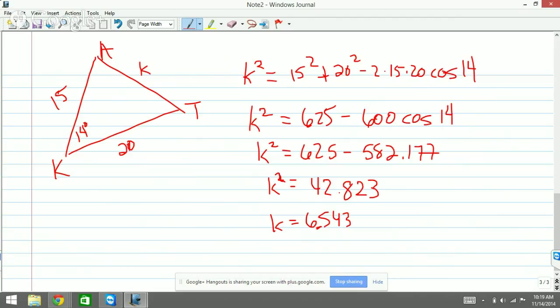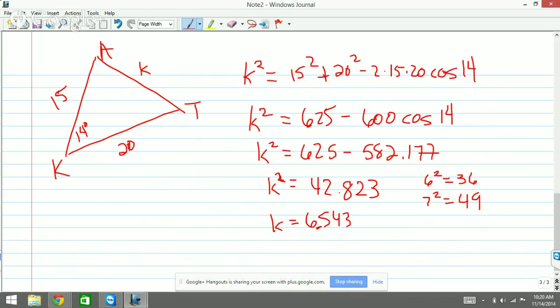Actually, it's the answer you told me 3 minutes ago. You can get a pretty good estimate there. I would probably guess 6.5 on that, just off the top of my head, because 6 squared is 36, 7 squared is 49.